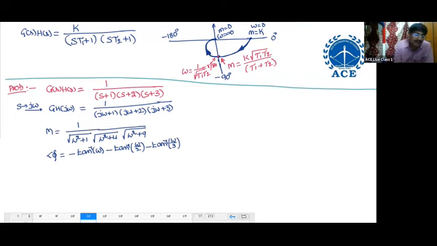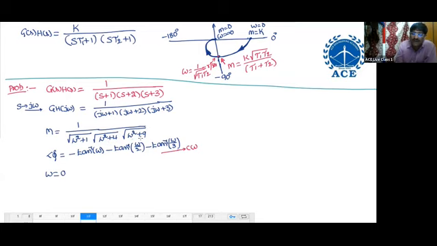Then what is the direction? Clockwise. The direction is clockwise. So now come on, draw the plot. At omega 0, magnitude is how much?